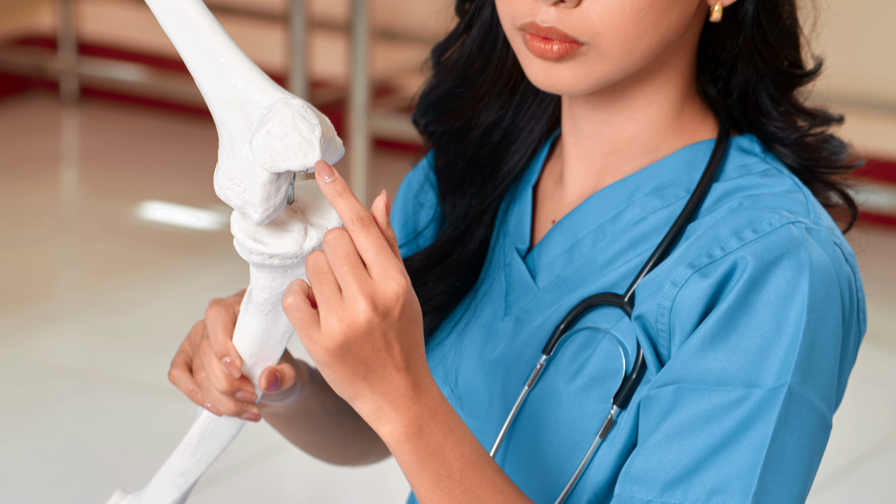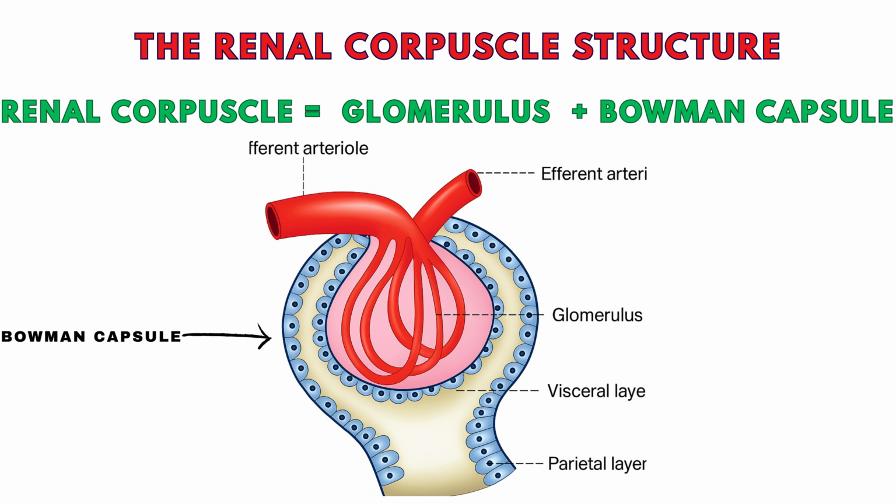We are now going to see the structure of the renal corpuscle where urine formation begins. Now let's zoom into the very beginning of the urine formation, the renal corpuscle. As discussed earlier, the renal corpuscle contains the tuft of capillaries called the glomerulus that is largely surrounded by Bowman's capsule, also known as the glomerular capsule.